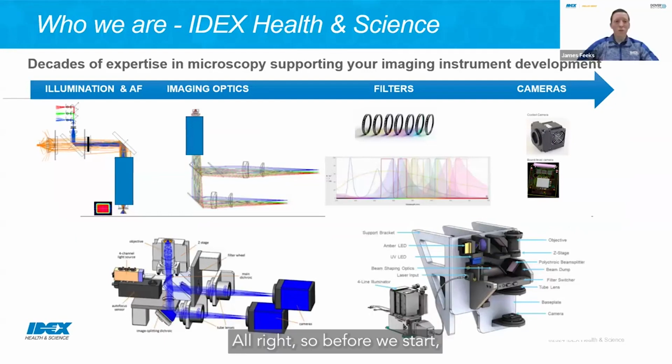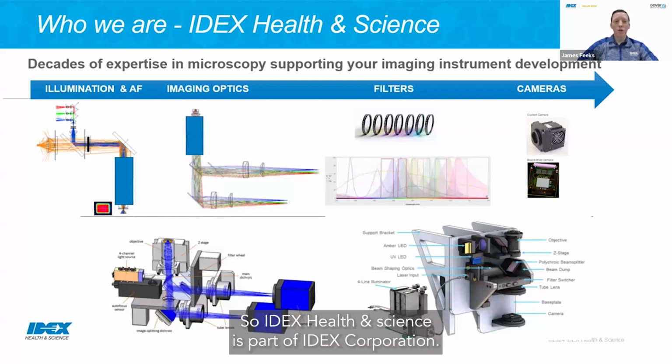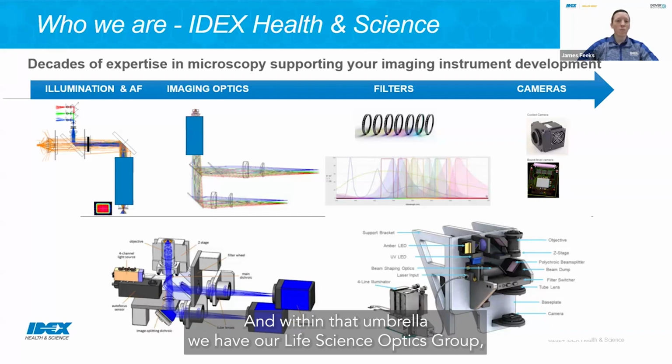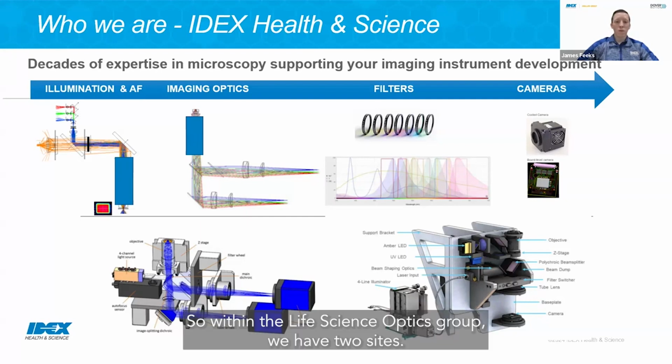All right, so before we start, I just wanted to give a brief overview of IDEX Health and Science. IDEX Health and Science is part of IDEX Corporation. Within that umbrella, we have our Life Science Optics group, which is the group that Joe and I are a part of. Within the Life Science Optics group, we have 2 sites.